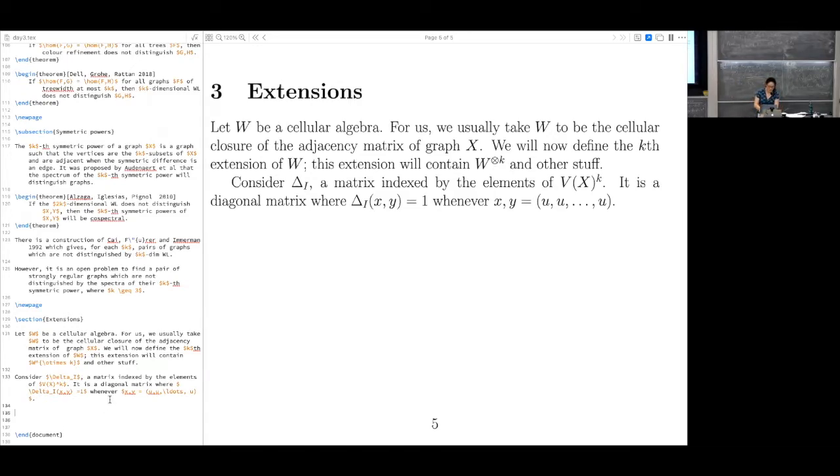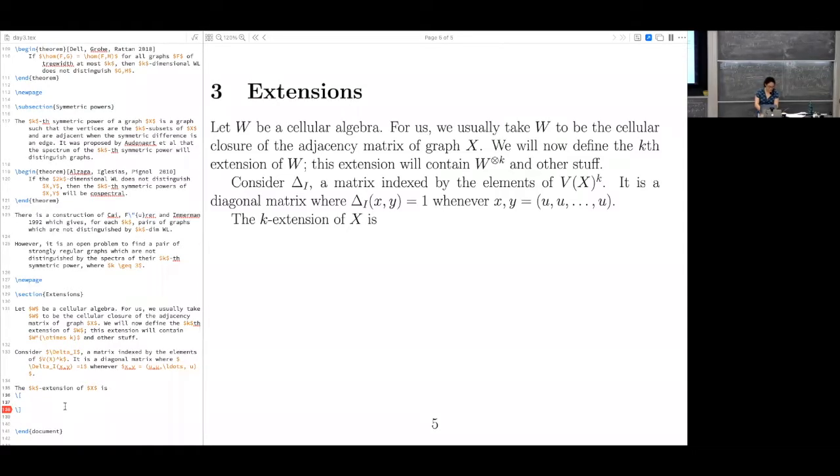So now the kth extension of W is the following. The main source of this is Jamie Smith's thesis, and he really insisted on putting hats on these W's, but I can't really type them fast enough, so there will be no hats.